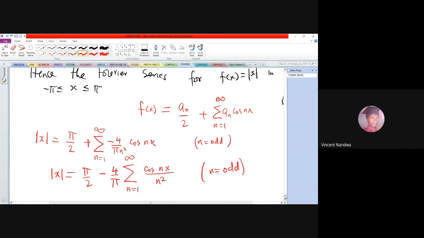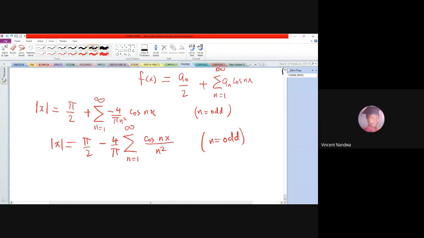So you can write this in expanded form. When n is 1, the first odd number we pick, we have cosine of x. Then the next odd number is 3, so it will be plus cosine 3x over 3 squared.